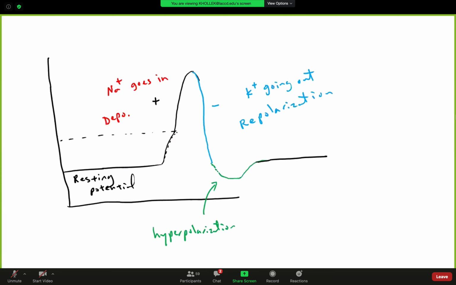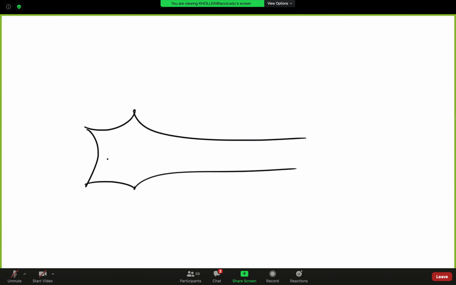There were a lot of details, like leak channels. Make sure you know that there are more potassium leak channels, which contribute to why the inside of the cell was negative. So the inside of the nerve was negative, at negative 70, due to the protein molecules that are negatively charged inside of the cell.